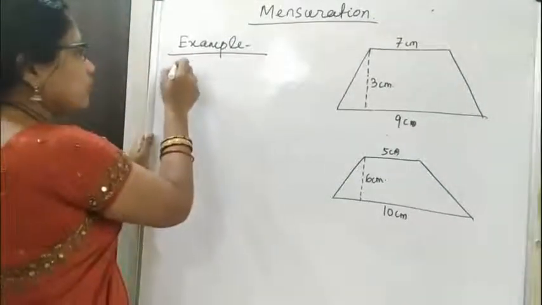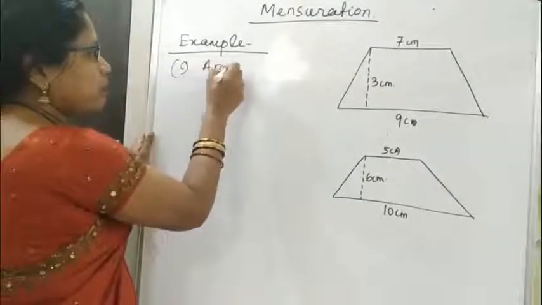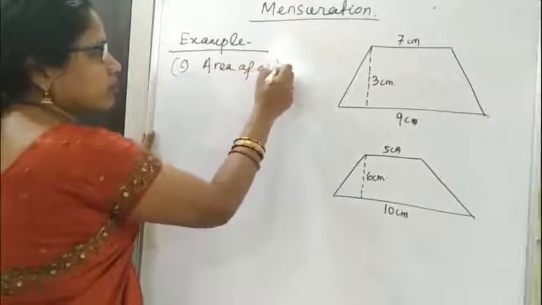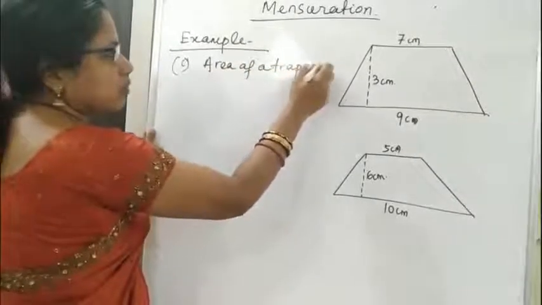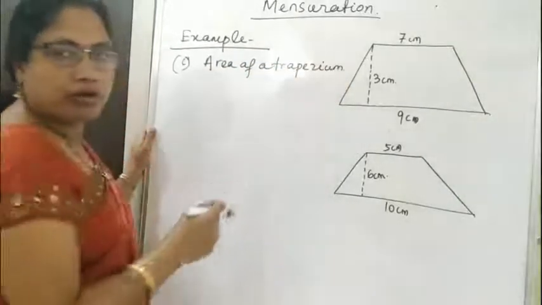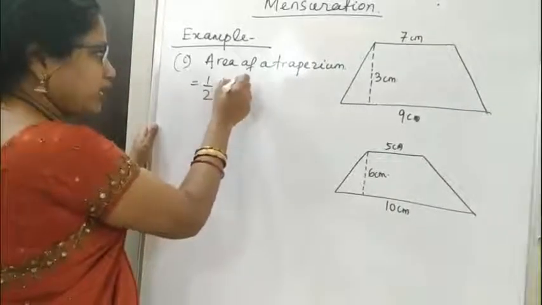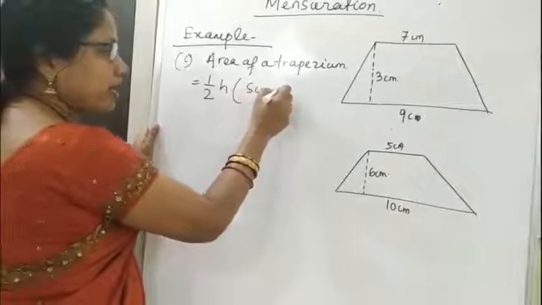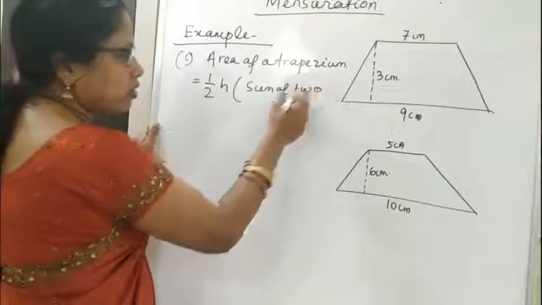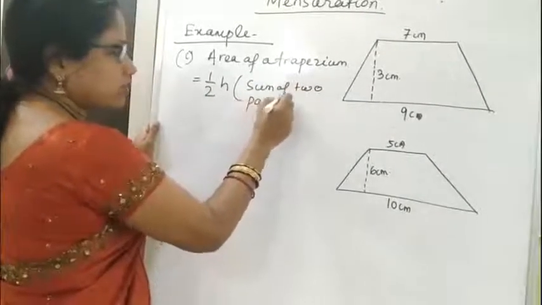So the area of a trapezium, just as we have found the formula, is half into H into sum of parallel sides. Sum of two parallel sides.